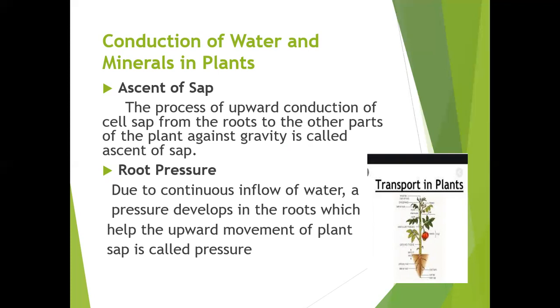The xylem is mainly composed of vessels and tracheids, which are long, hollow, and cylindrical in shape. These xylem elements join end to end and form a system of pipeline that finally connects the root to the leaves.